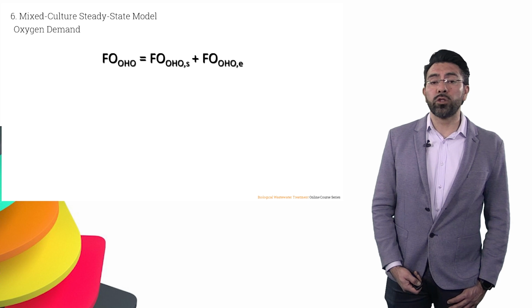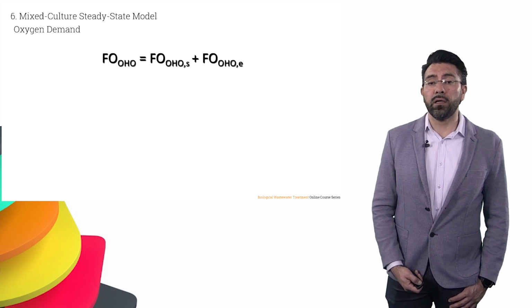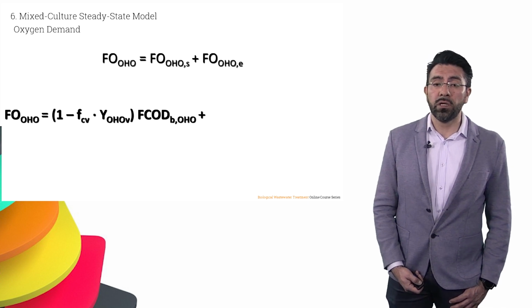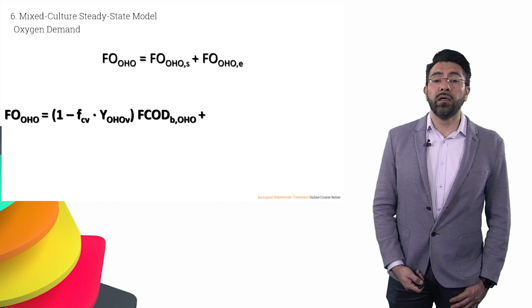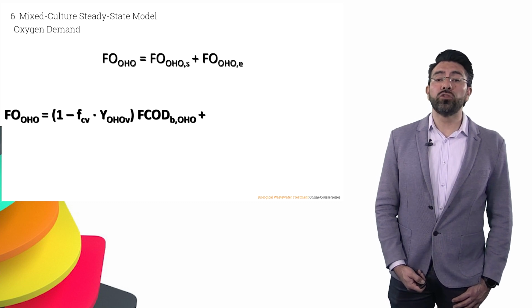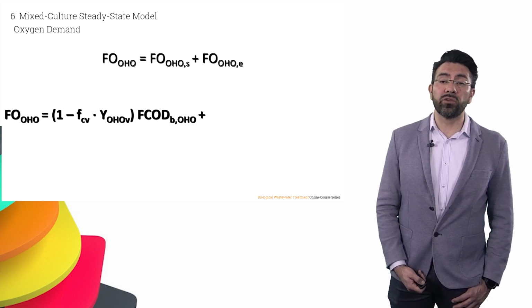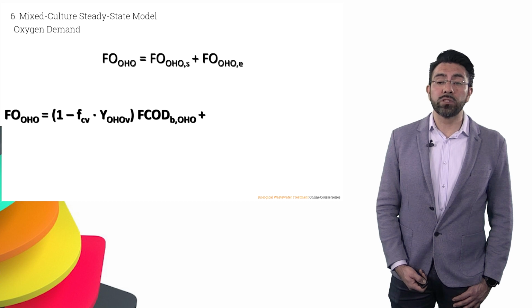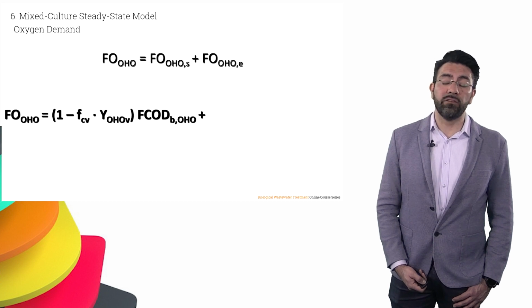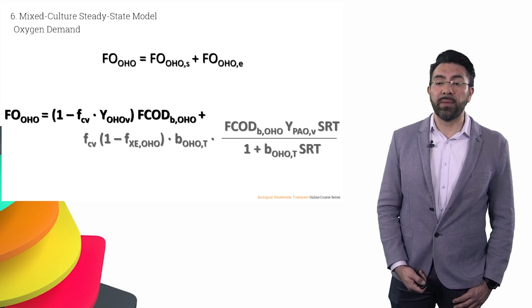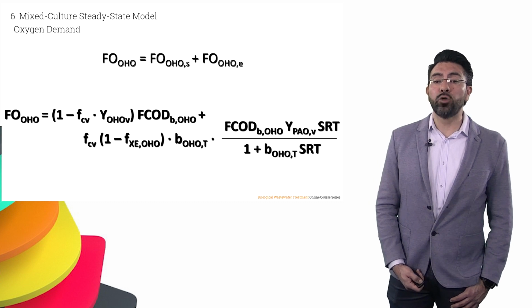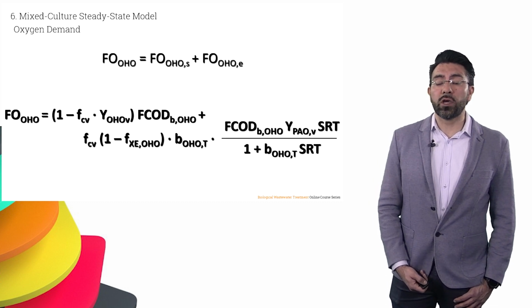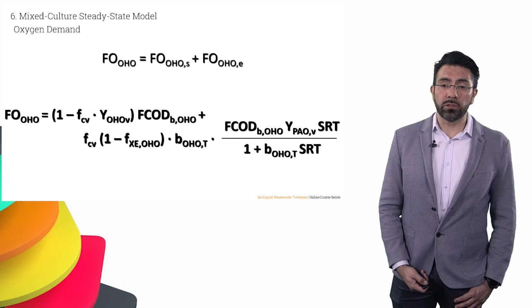For the OHOs, we can do a similar analysis, a similar estimation, but in this case, the amount of oxygen needed for the synthesis of new cells will be proportional to the biodegradable COD that these organisms consume, based on the division of COD that we have previously made, plus the amount of oxygen required for the endogenous respiration.